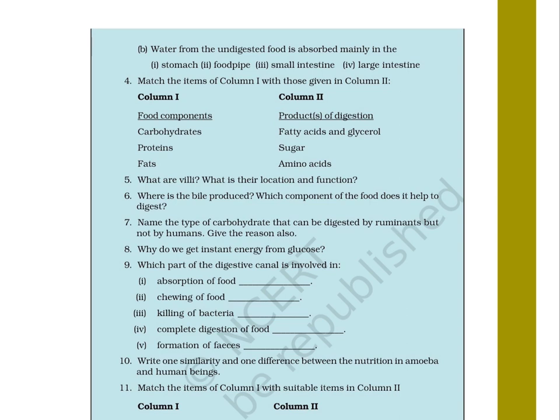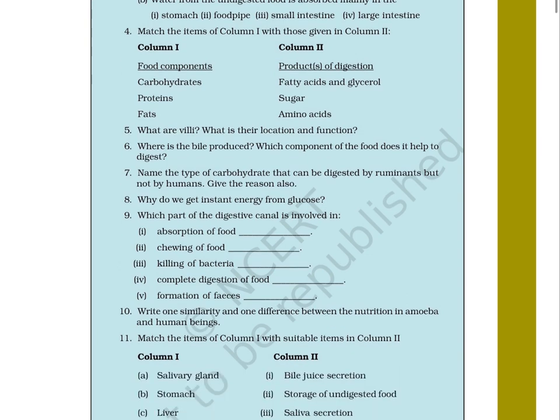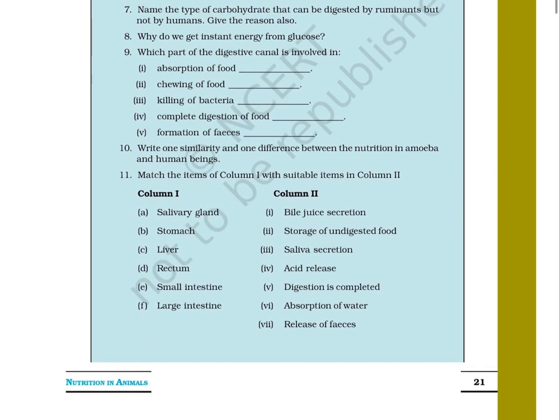7. Name the type of carbohydrate that can be digested by ruminants but not by humans. Give the reason also. 8. Why do we get instant energy from glucose? 9. Which part of the digestive canal is involved in 1. Absorption of food, 2.